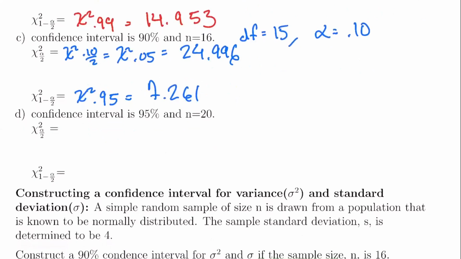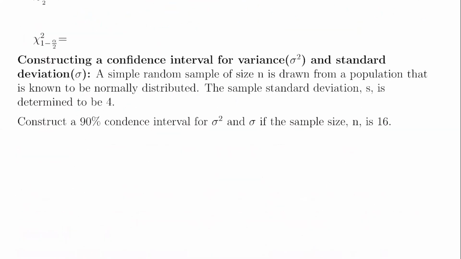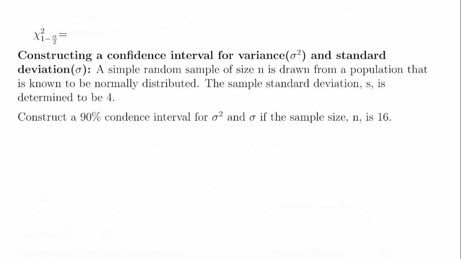All right, so let's actually move on to a problem. It says a simple random sample of size n is drawn from a population that is known to be normally distributed. The sample standard deviation S is determined to be 4.